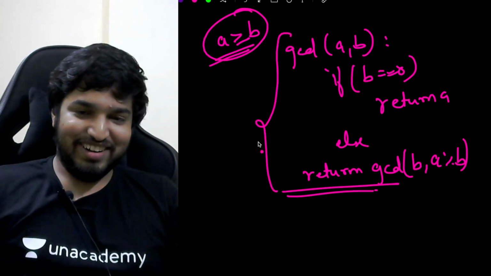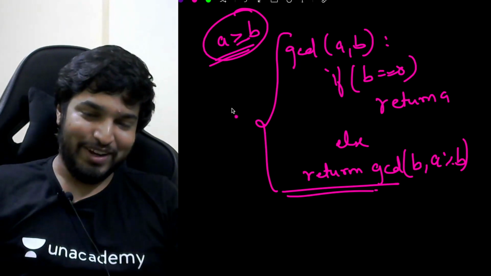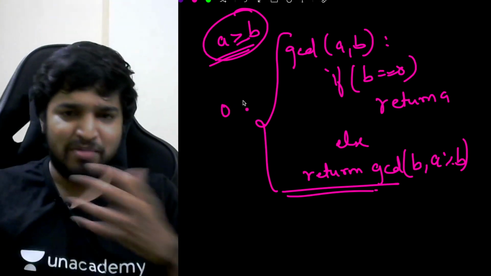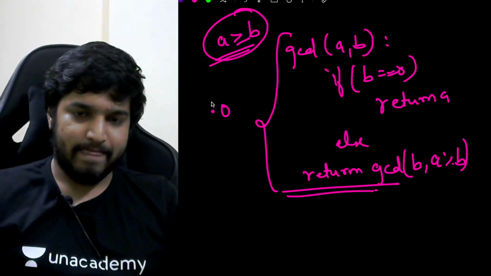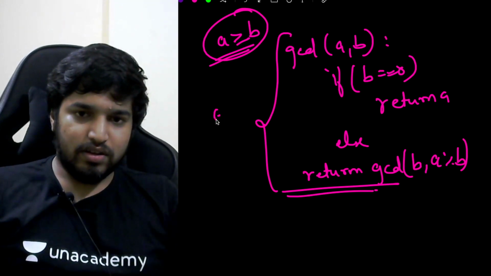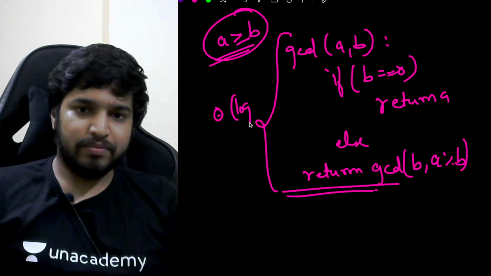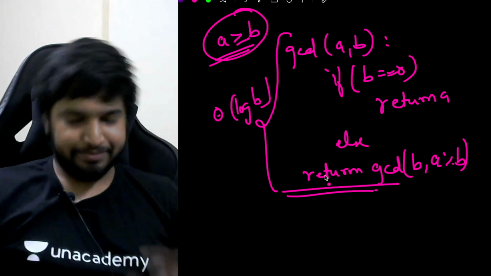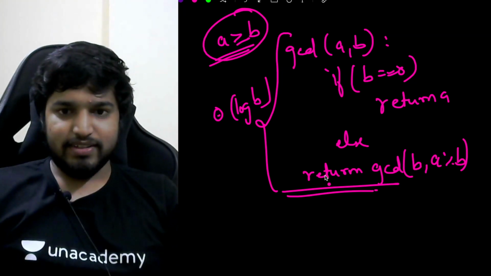And it turns out this is done in O of log n, or you can say log of min of A comma B. We can say log of B here because B is less than A. Got it? Fair. Awesome.